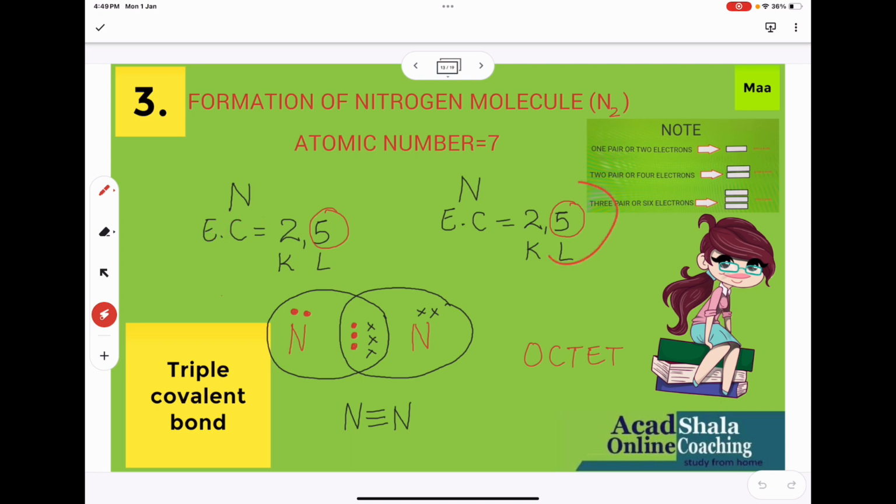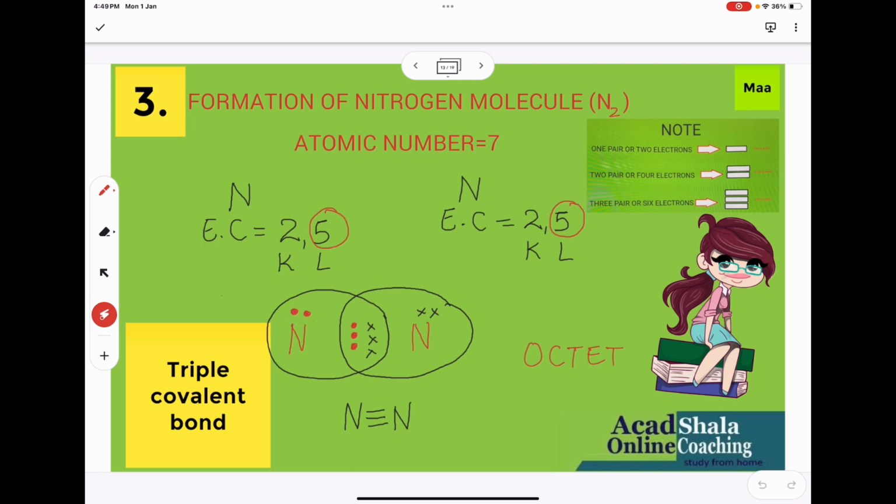So this nitrogen shares 3 electrons from its outermost valence electrons. If it shares 3, how many are left? 2 over here. So nitrogen shares 3 electrons and 2 are left. So it places 2 electrons over here and 3 over here. The other nitrogen says, I will also share it. So the other nitrogen also shares 3 electrons and leaves 2 electrons over here.